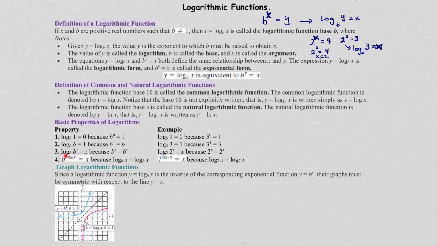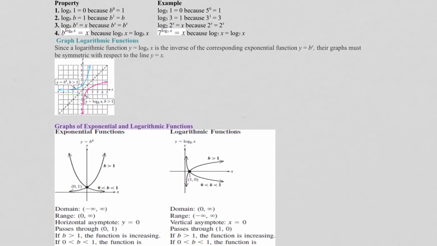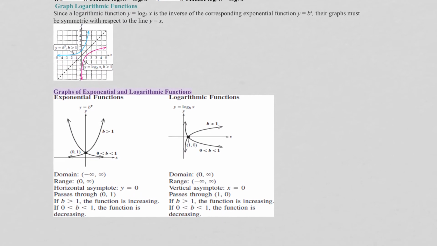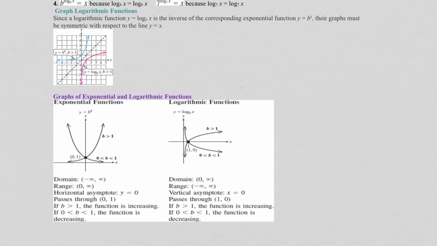If you have the logarithm as the exponent, and the small base on the log is the same value as the larger base, the exponent will be your solution, okay? And there are some examples you can follow.